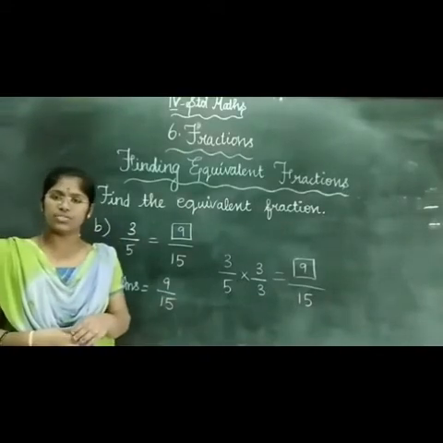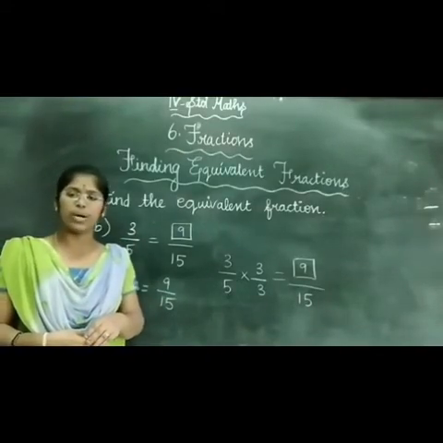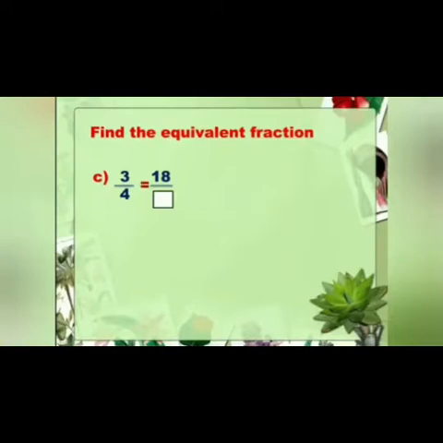Is it clear, children? Can we see one more example? The question is 3 by 4 is equal to 18 by dash. How many times of 3 is 18, children? 1 3 is 3, 2 3s are 6, 3 3s are 9, 4 3s are 12, 5 3s are 15 and 6 3s are 18.